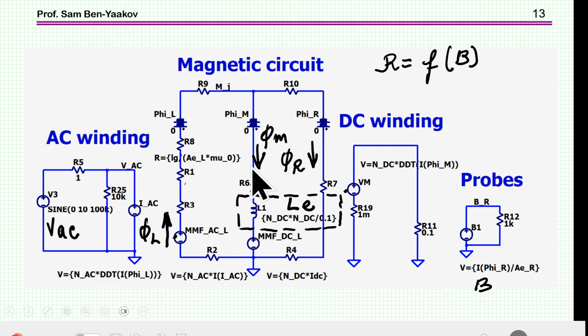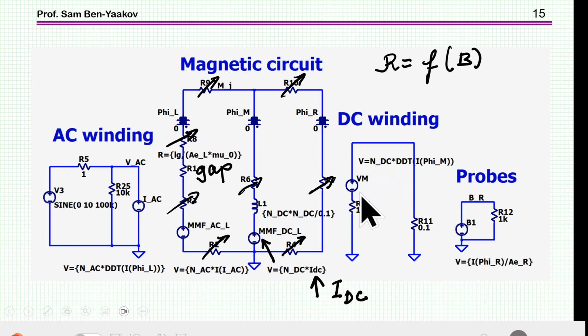Therefore, most of the flux will go this way, and only a small fraction of the flux will go into here. Now the voltage generated at the DC winding depends on this flux. And consequently, when the flux is small, the generated AC voltage is very small, and therefore the circulating current will be small.